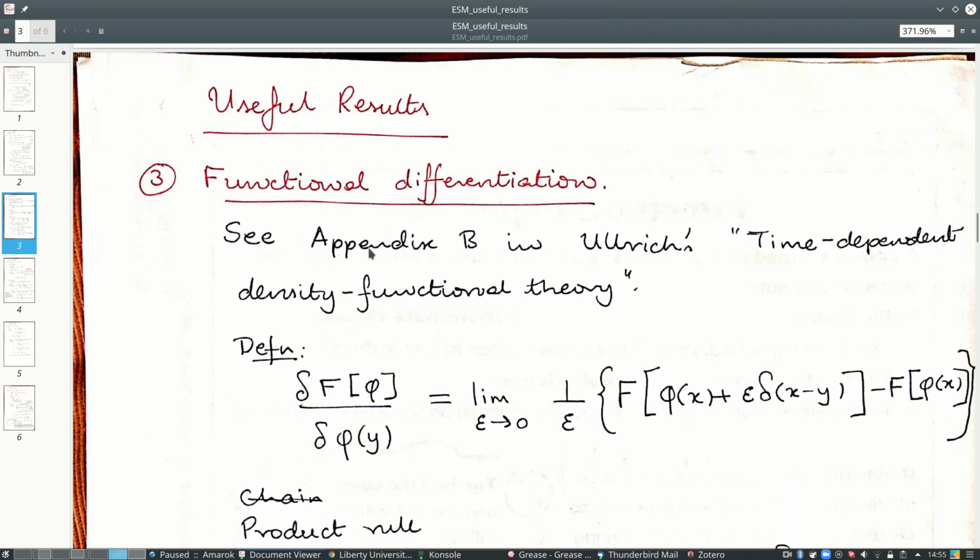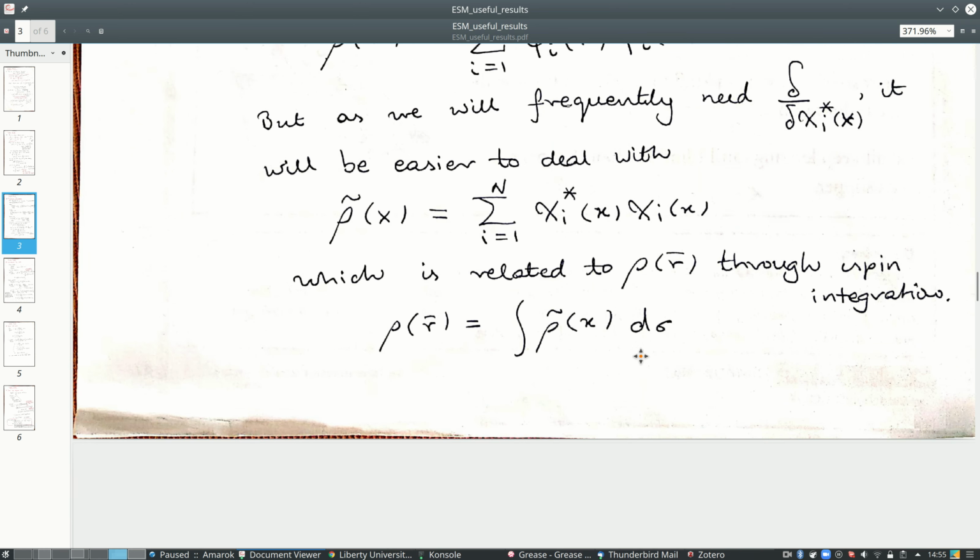For a more systematic treatment, please see Appendix B in Carsten Ullrich's time-dependent density functional theory book, which you should have access to through the library.